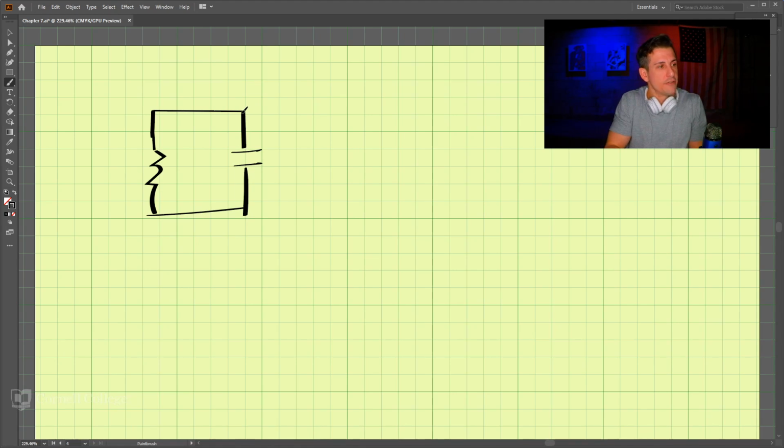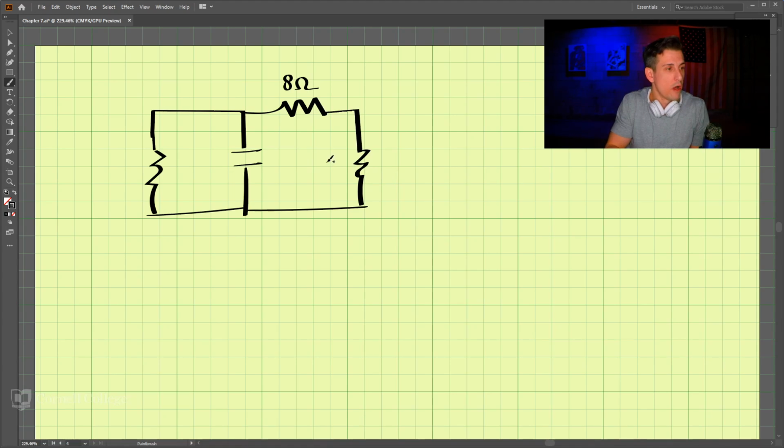And then we have 2 more resistors. This resistor is 8 ohms, and this resistor is 12 ohms. This capacitor is 0.1 farads, and this is 5 ohms over here.